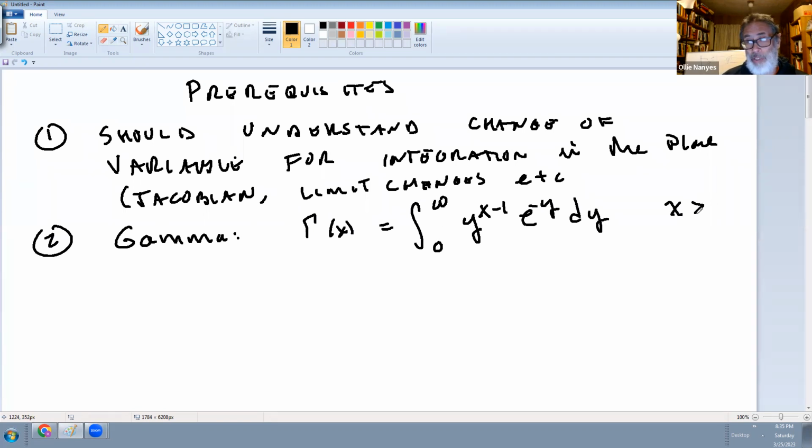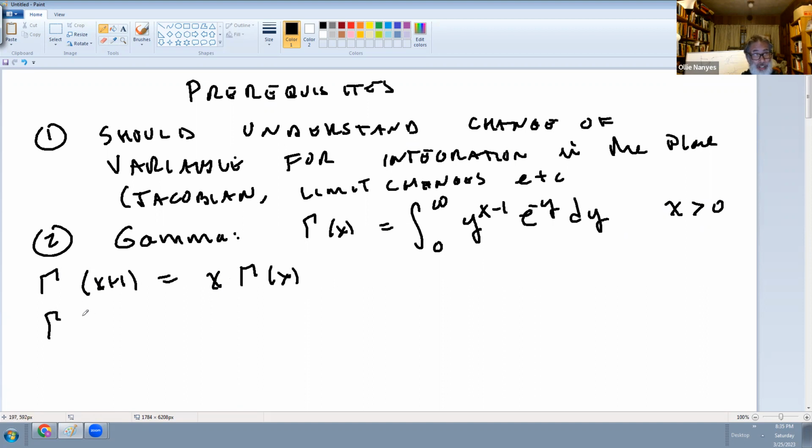And for our purposes, we're going to concern ourselves with x, a real number greater than 0. It turns out that you can extend it further than that, but we'll content ourselves with this. And what you learn from this, as a result of integration by parts, is that gamma of x plus 1 is x gamma of x.